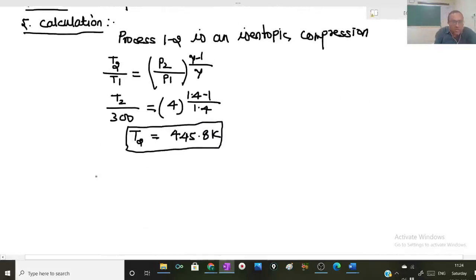For that I have to consider that process 1 to 2 dash is an actual compression process.